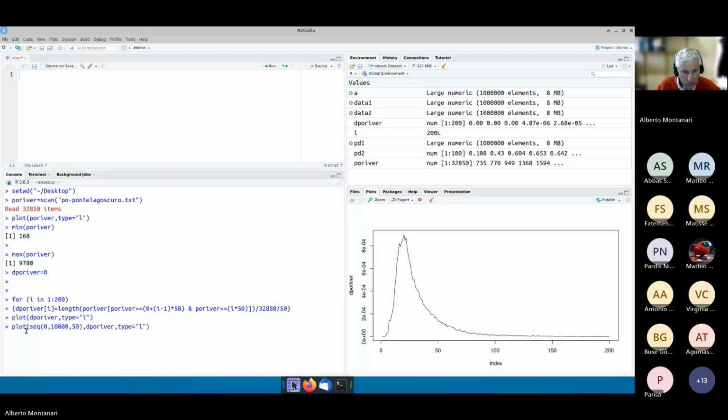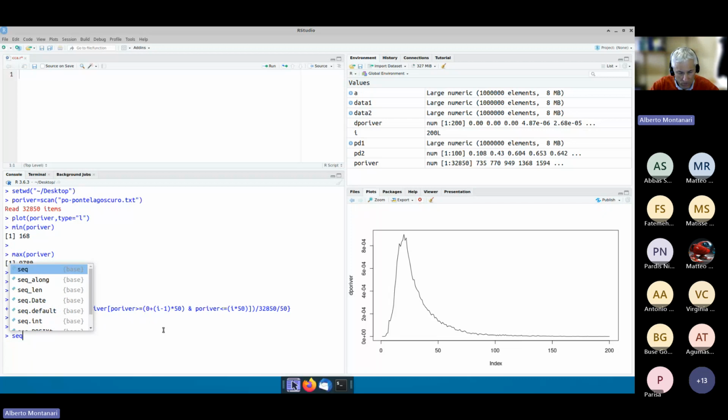Before making the plot, let me copy this instruction so I use it later. And before making this instruction, let me just show you the sequence function. Sequence 1, 10, 1. See, 10 values, okay?